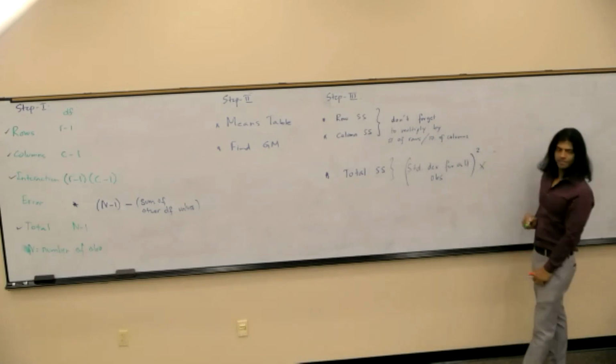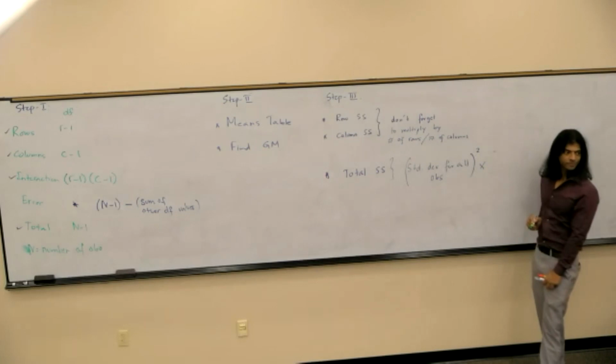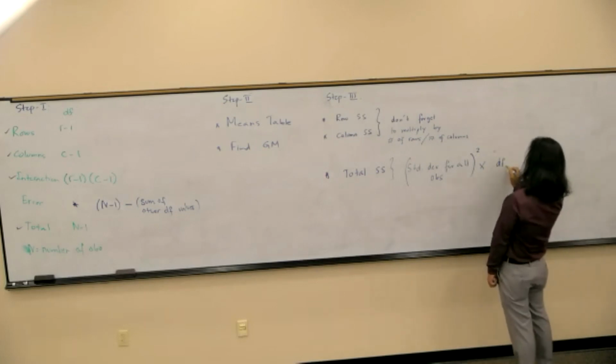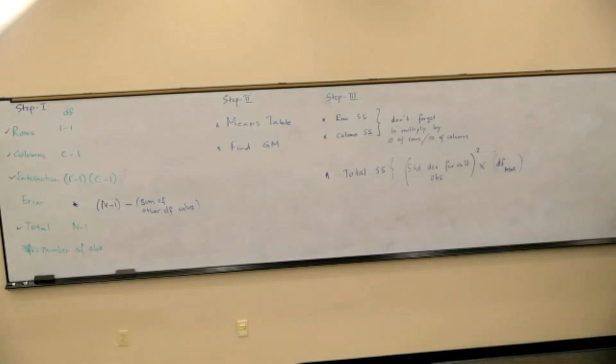Multiply by total DF, which is simply n minus 1. Good so far? Okay.